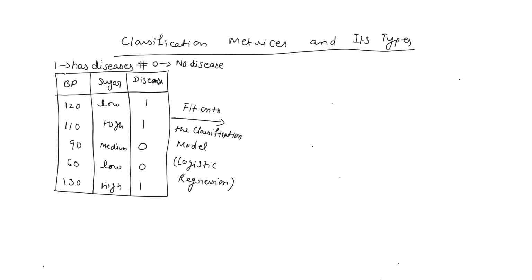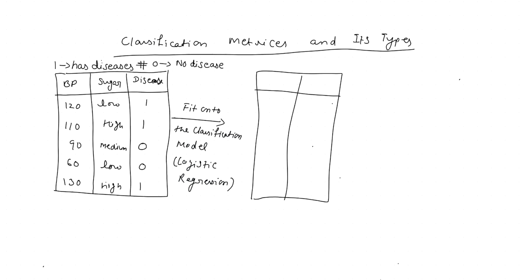So what will be the output of the model? Let's draw the table here. Your actual value is this one: 1, 1, 0, 0, 1. 1 means the patient has a disease, 0 means the patient does not have a disease.